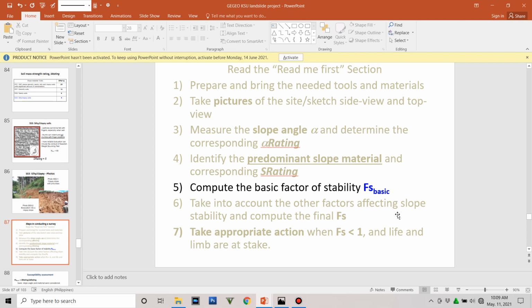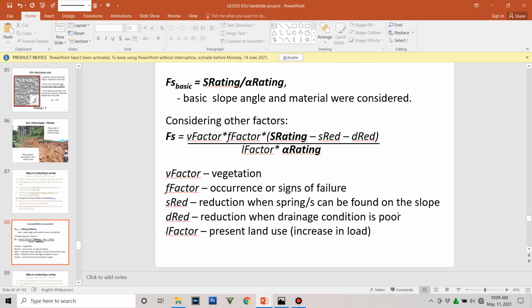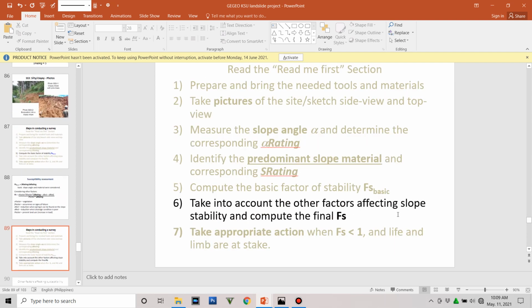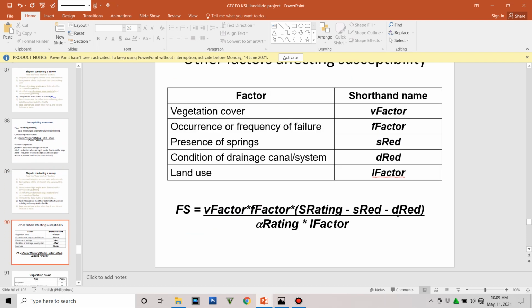So from that, we can now compute the basic factor of stability. And then, of course, you must also evaluate the vegetation, frequency factor, the presence of spring reduction, and then the drainage condition, and then the land use factor. Okay, so these are the scores.